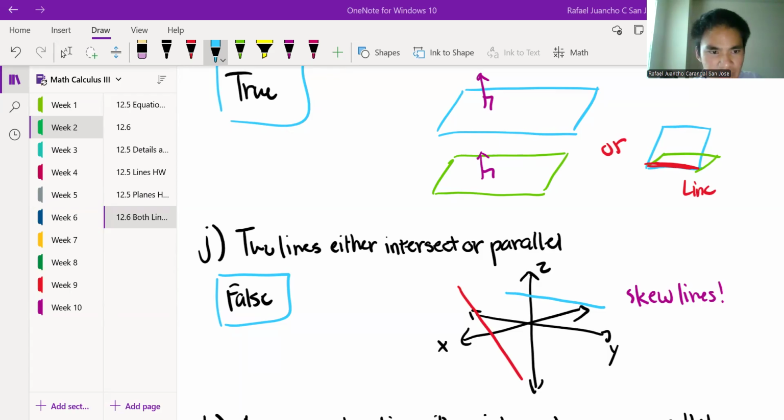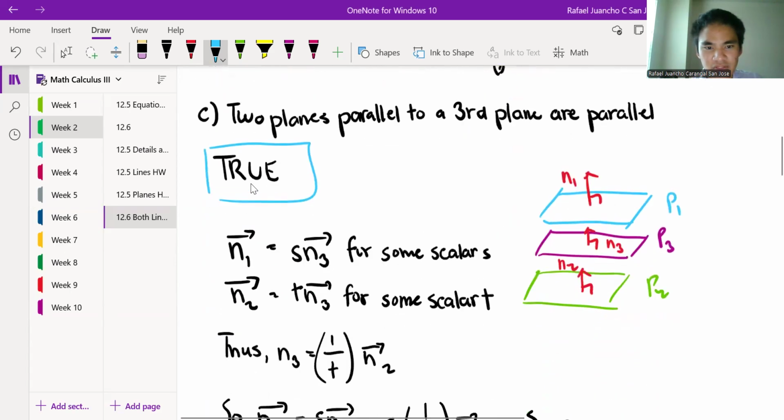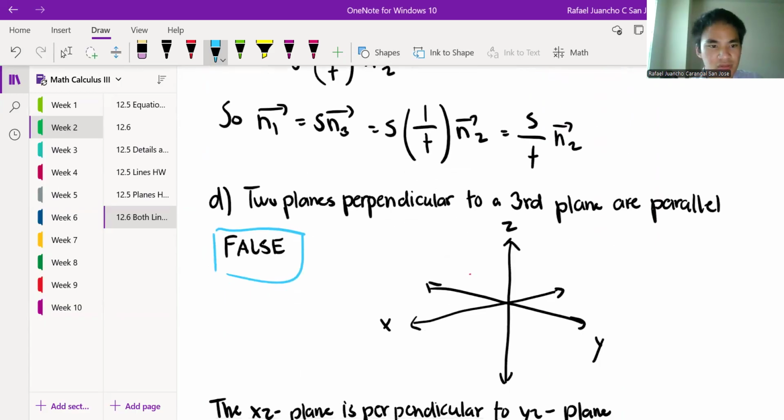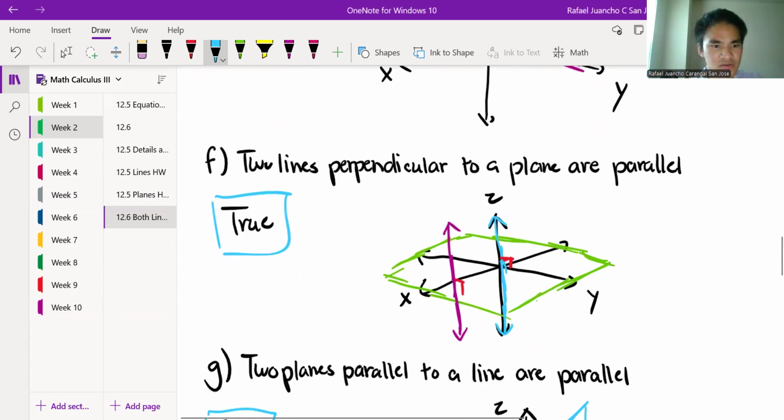Hold up. Let me check my answers real quick. So true, false, true. Then starting at D, D, E, F is false, false, true. Starting at G, G, H, I is false, true, true.